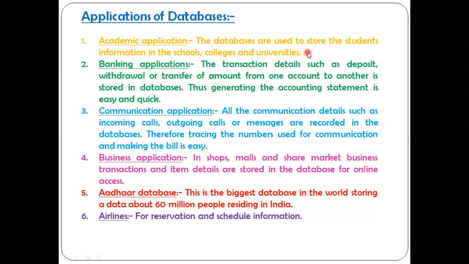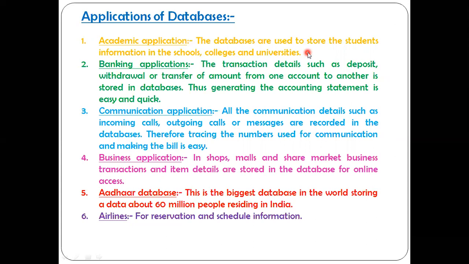That means once students get into the school, college or university, the student information will be stored in the college database: their first name, middle name, last name, date of birth, everything, whatever data has been given by the student.